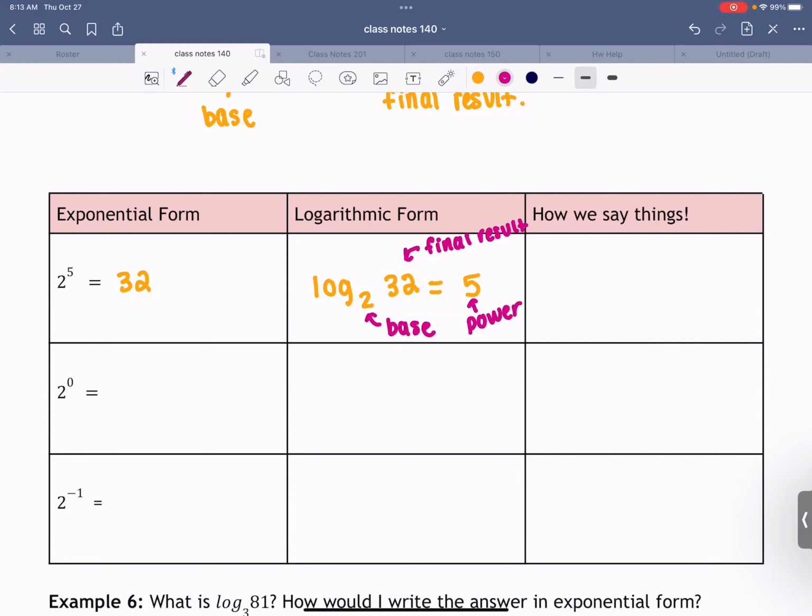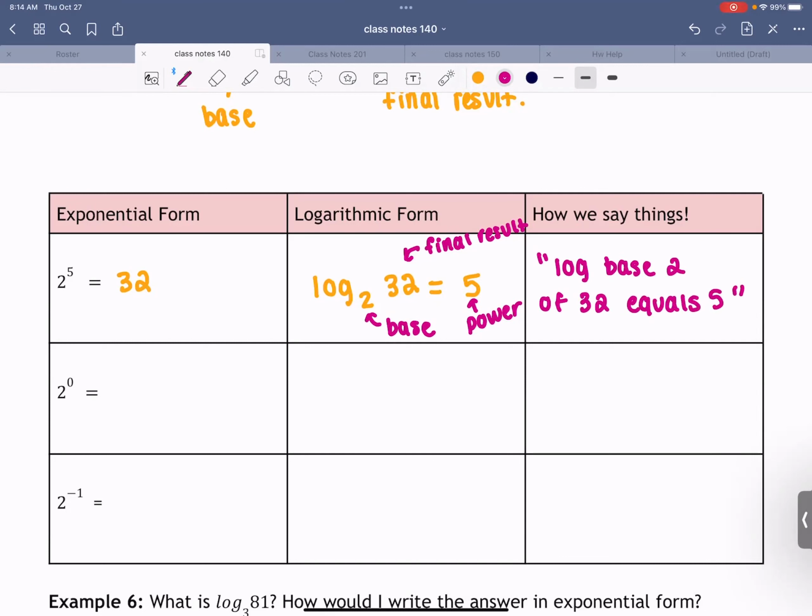Okay. So instead of saying 2 raised to the 5th power equals 32, it's essentially saying 5 is the power I need to take 2 to get the final result of 32. An easier way of saying that is log base 2 of 32 equals 5.